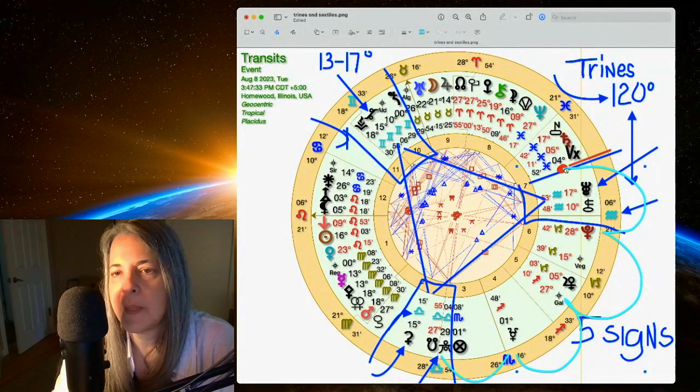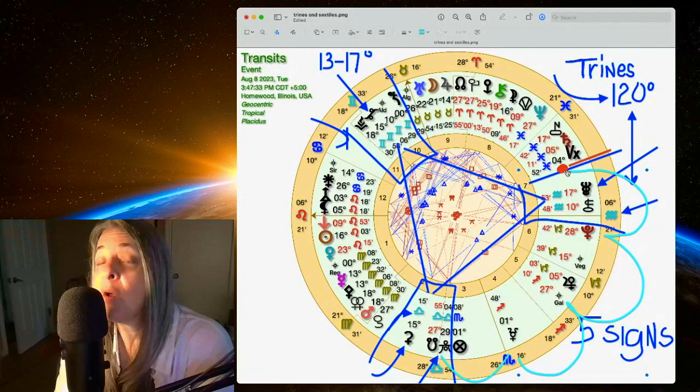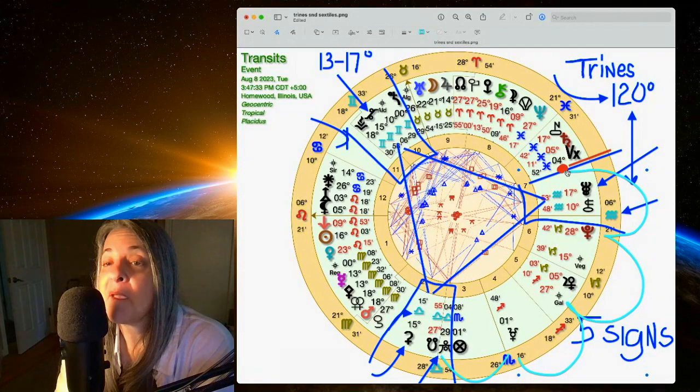You see that? Technically, there isn't anything in Aquarius, but we do see that within orb, we have vertex there. You see vertex?